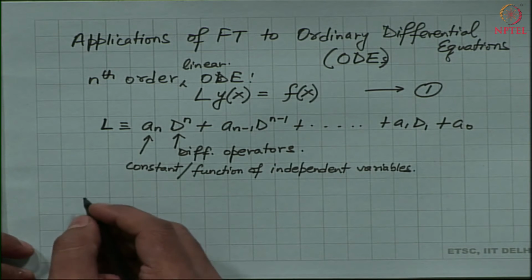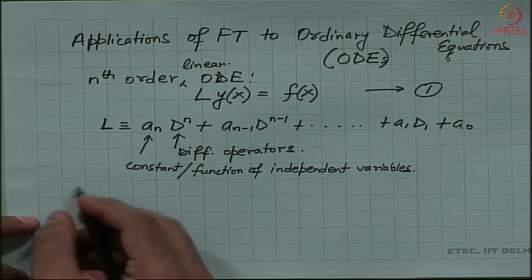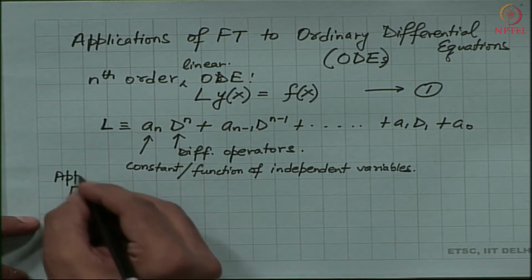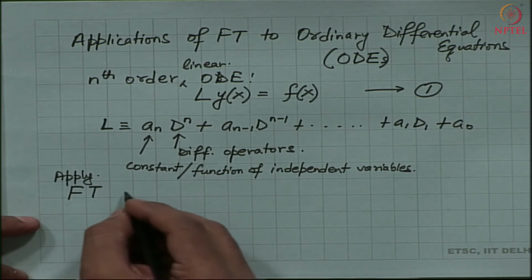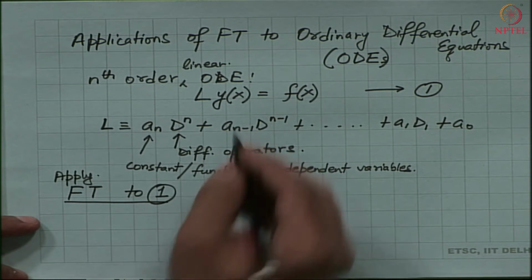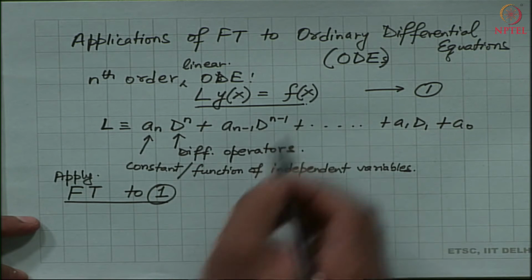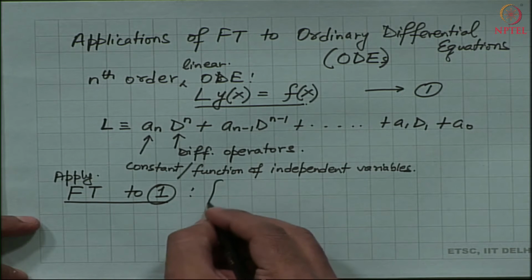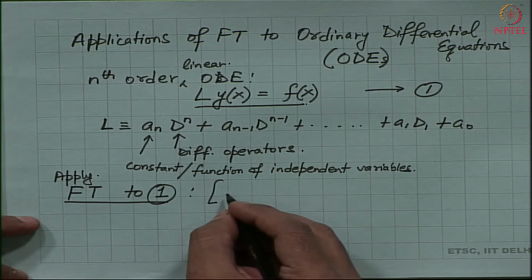Okay. So in that case, if I apply the Fourier transform to 1, this equation that I have outlined here, I get the following algebraic equation. So I know that my operator L is a_n.